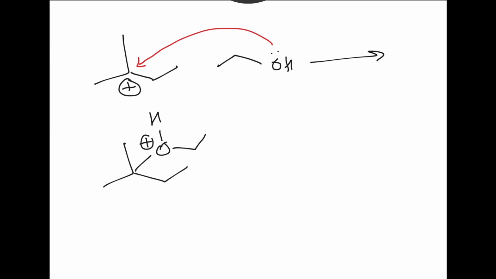And I end up with an oxygen with 3 bonds, right? And I want to get rid of one of those 3 bonds to end up with an oxygen that has 2 bonds and is no longer positive, is neutral.